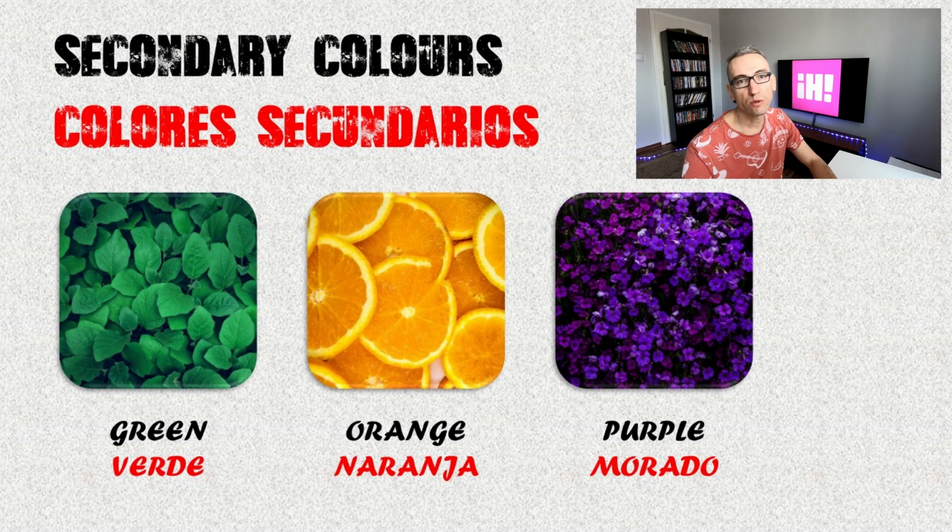So these three colors we can obtain by mixing the basic colors, but let's not go too much into details because this is a Spanish lesson, not a lesson about how to mix the colors.